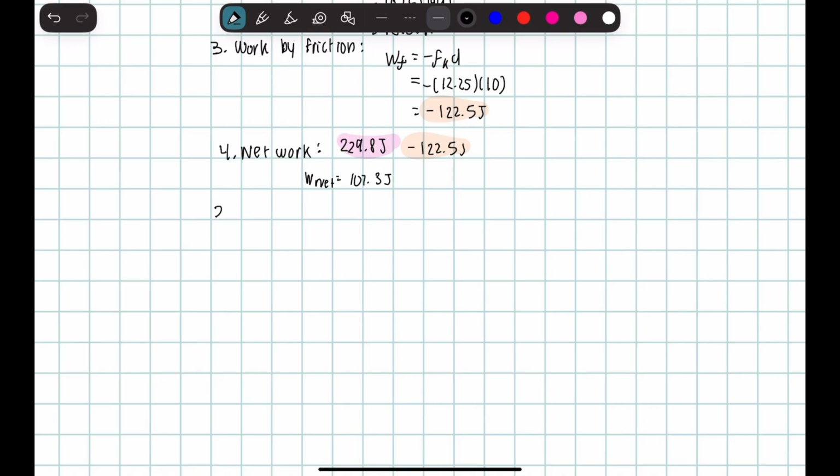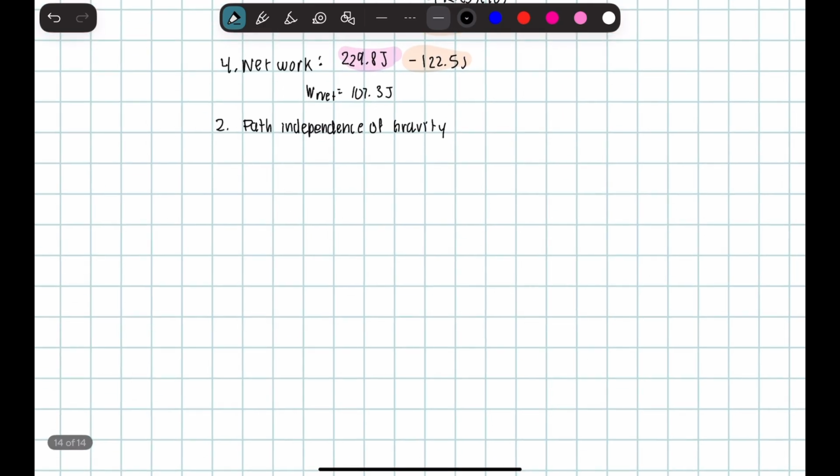Now let's do our second problem. It's going to be on path independence of gravity. So we have a 3.0 kilogram object that moves from 1 meter to 6.0 meters above the ground.